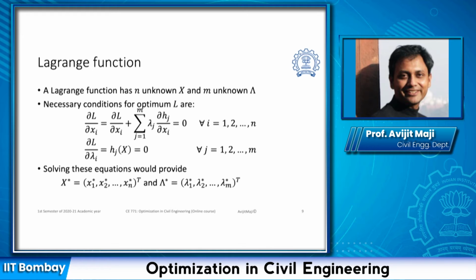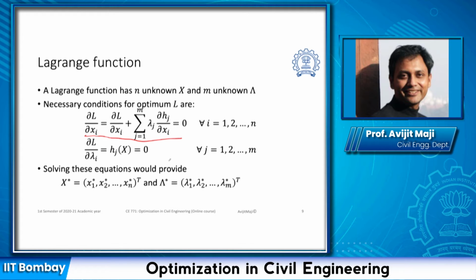For the necessary condition, when we take the partial derivative of the Lagrange function, we can write it this way. This equation, if you recall, for the two variable case will satisfy the first and second conditions.